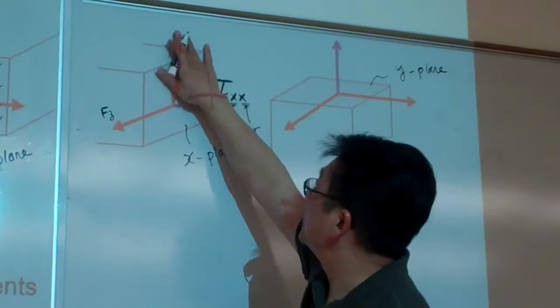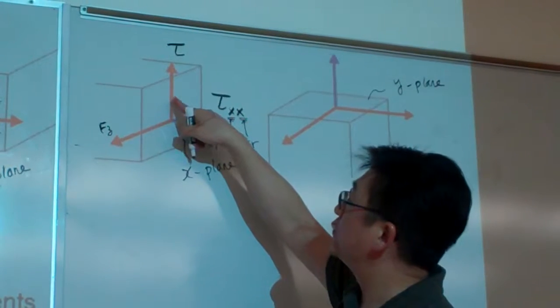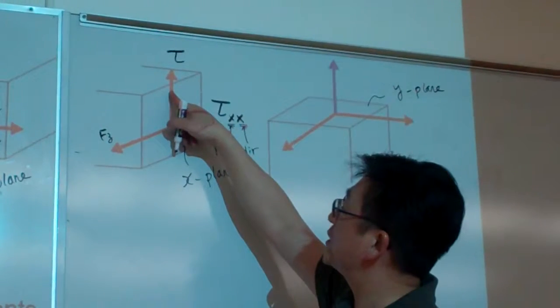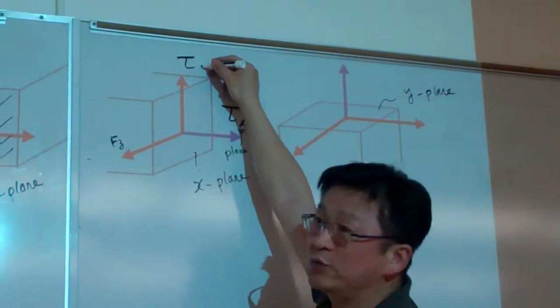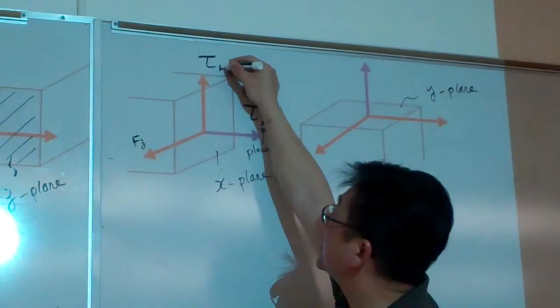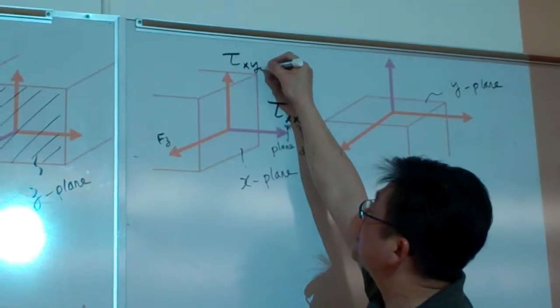In a similar way, we can label this one. For the stress components induced by this force, the first symbol is which plane it lies on. For this one it is the x plane, and the direction is pointing to the y direction.